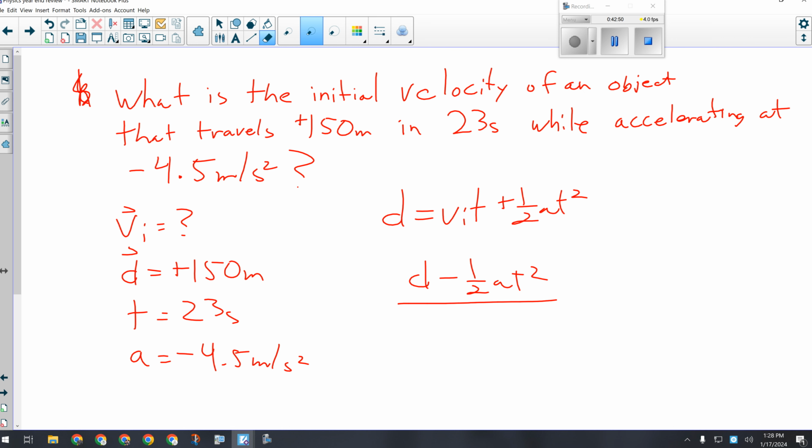Okay, and then I'm just going to divide both sides by T, and that will leave VI over here by itself. Okay, so I'll take my 150 and I will subtract 0.5 times negative 4.5, the acceleration, times 23 squared, divided by 23.